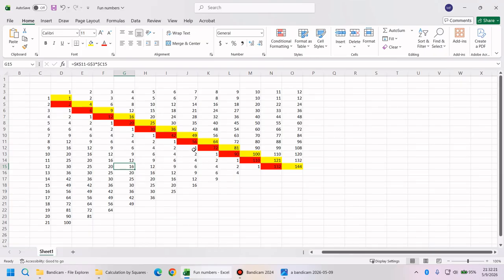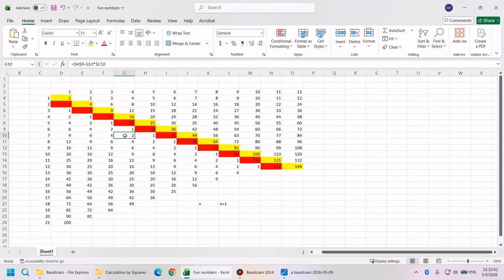The other near perfect square is highlighted by the red. This one, the pattern is a little bit different. It is actually n times n plus 1. So we have here 2, 6, 12.